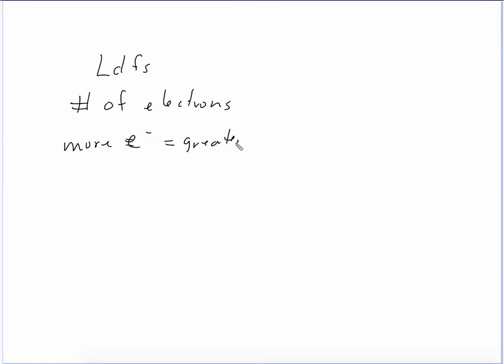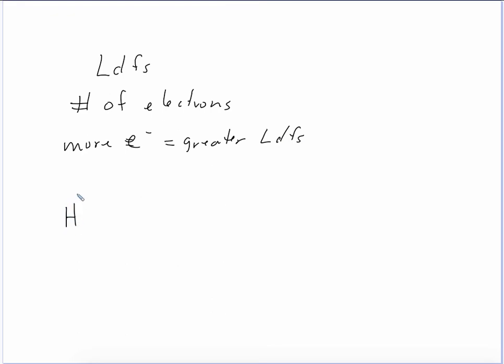Now we've got to go through London dispersion forces. So anyway, new page. All right, London dispersion forces. Okay, everything has London dispersion forces. And the London dispersion forces are based on the number of electrons. Okay, more electrons equals greater London dispersion forces.